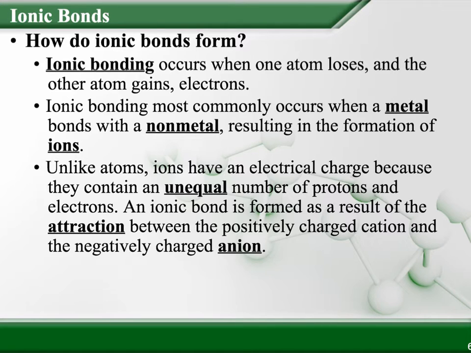If they're losing or gaining electrons, we are going to end up with a positive or a negative charge. The positively charged ion is called a cation, and those are the metals, and the negatively charged ion is called an anion, and those are the nonmetals. Now, our cations are attracted to the anions and vice versa because they have opposite charge.